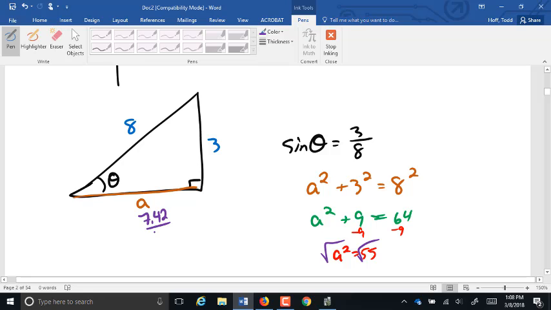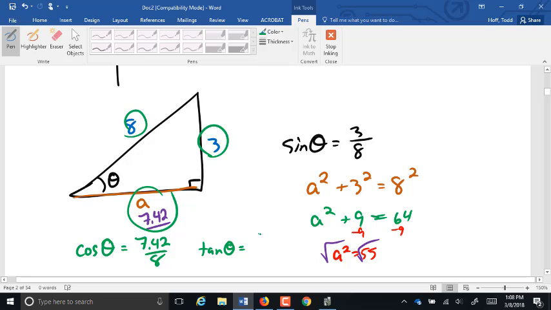Well, now that we know a is 7.42 units long, I can find the cosine of theta, can I? Cosine of theta is adjacent over hypotenuse: 7.42 over 8. Tangent of theta is opposite, that's the 3, over adjacent, the 7.42.